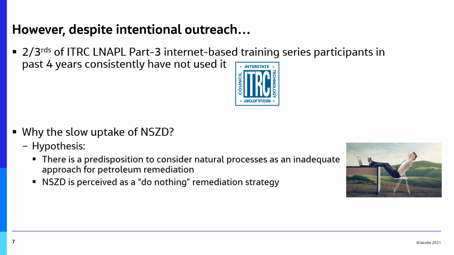We've been giving this presentation for close to 3 years now, and it's regularly two-thirds of the class has not used it or even heard of it. I would have expected over that amount of time that number to go down, to show some sign that what we're doing with the outreach is working.